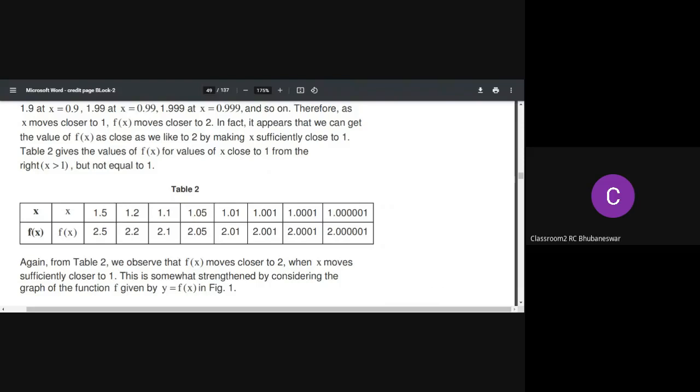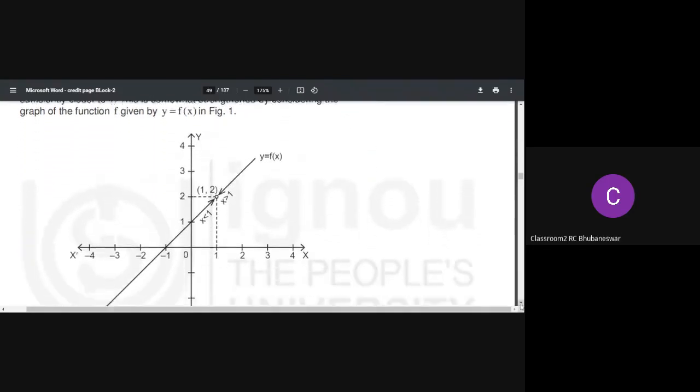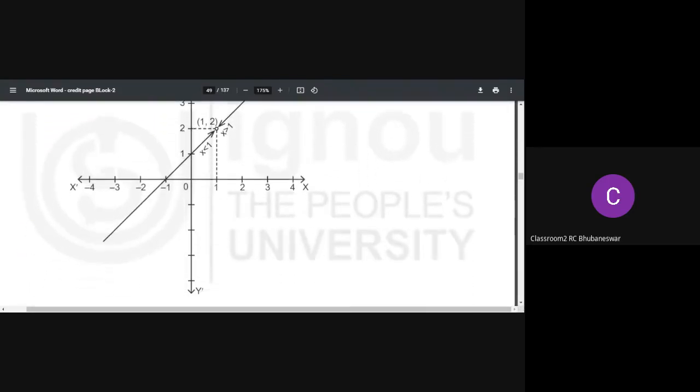So in both these discussions, it is very clear that the limiting value of a function is an approximate value whether we approach from the left or from the right. Both values will be very close to each other, and this particular value will be known as the limiting value of that function at the point x equal to 1.